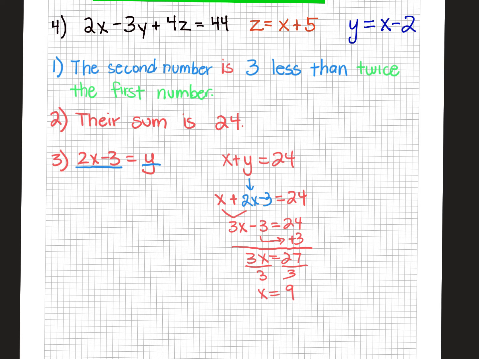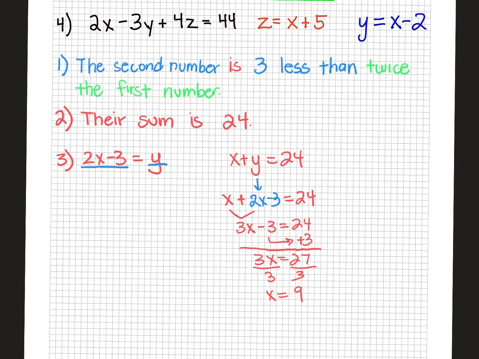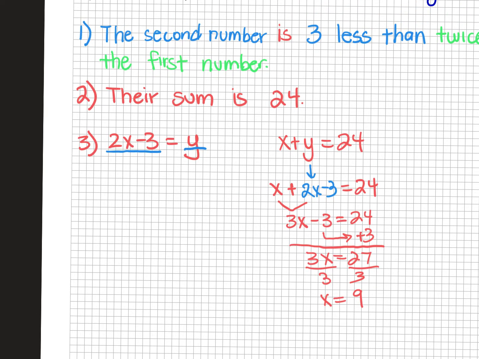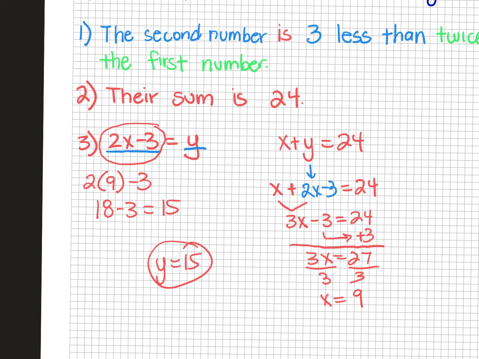So I know x equals 9. When I go back to the top, I can say, okay, if x equals 9, y is 2 times whatever x is, minus 3. So 2 times 9 is 18, minus 3 equals 15. So now I know both of them: y equals 15, x equals 9.